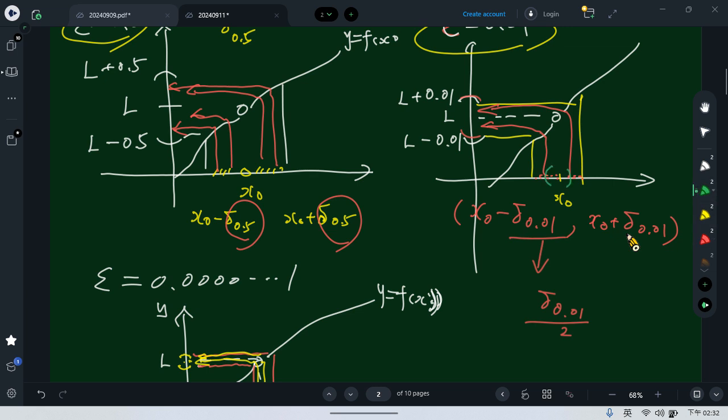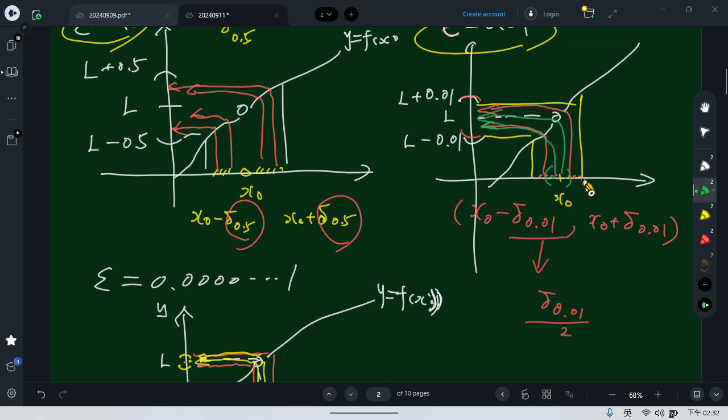That means if delta 0.01 can make it satisfy, not to mention if I just divide it by 2, right? Smaller one, supposedly all of the points still fall into the range, right?